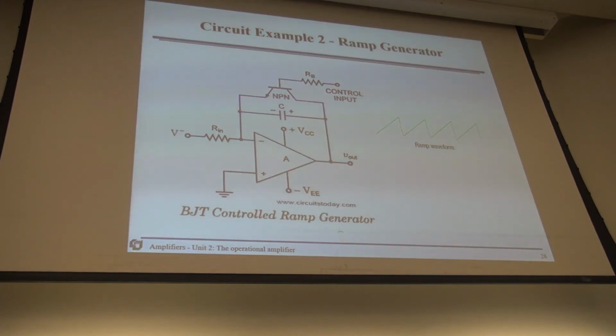BJT stands for bipolar junction transistor. It is described in our textbook. BJT is a transistor. You put a control signal in here, then you put a resistor in here, so you can produce some sort of sawtooth waveform.